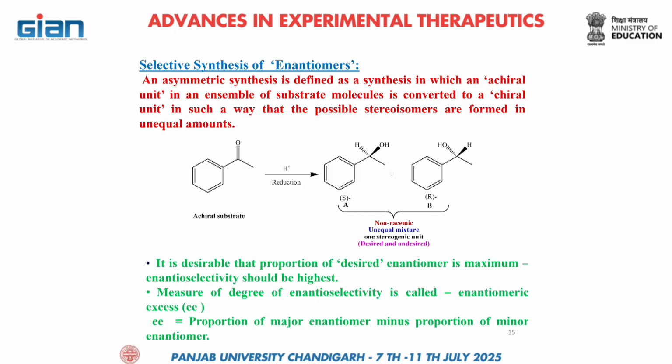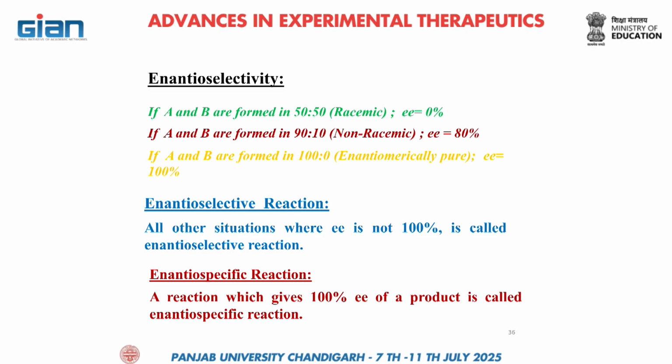So that means you have to get the proportions, which enantiomer is in majority and which is in minority. If you plan a synthesis and it works, and you are getting A and B in a 50-50 ratio, then you say your reaction gives a racemic product, because both enantiomers are in 50-50%.